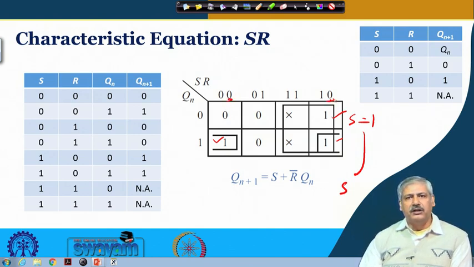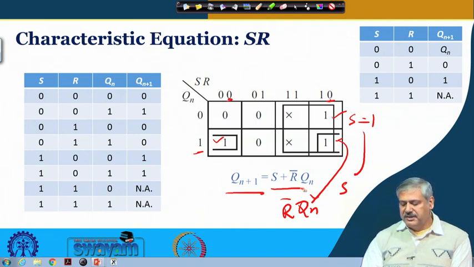So, the variable that will come is R bar, one literal, and Qn remains constant with a value 1, so Qn will come for this one. Then we sum it up and we get Qn plus 1 represented as S plus R bar Qn. This is the characteristic equation of SR flip-flop. Is it clear?